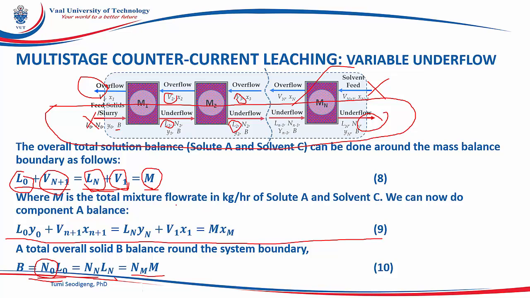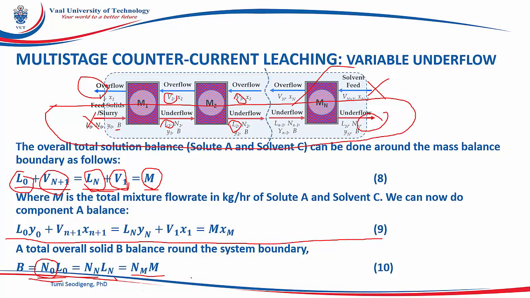Remember, this is now becoming a bit more similar to liquid-liquid extraction. We are saying that the inlet streams will mix to form M, and M will separate into the two outlet streams Ln and V1. What we have done differently here is we have now included the total overall solid balance, which we haven't been doing in the previous mass balance.